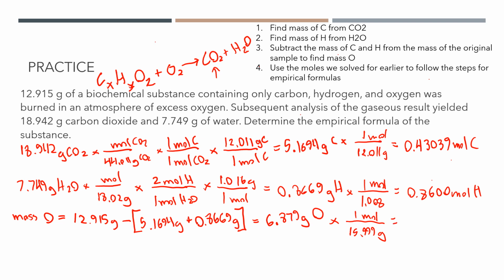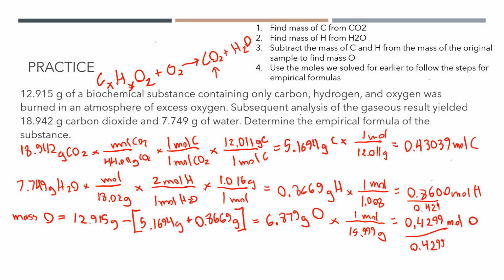That gets us 0.4299 mole of oxygen. Now let's divide each of those by the smallest one, which happens to be the moles of oxygen.